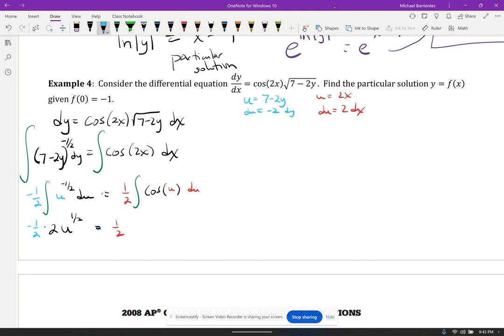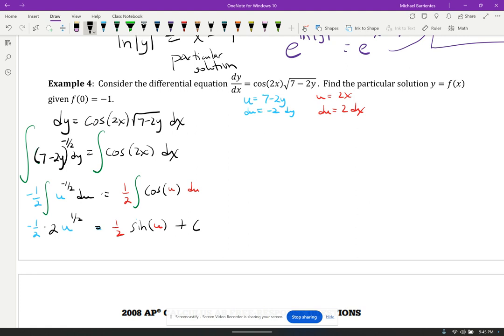Well, the antiderivative of cosine u would be sine u. Let me do this u in red and this one in blue. There you go. Plus c.